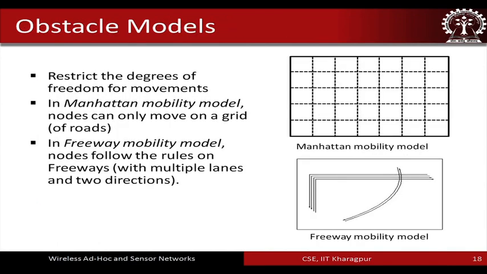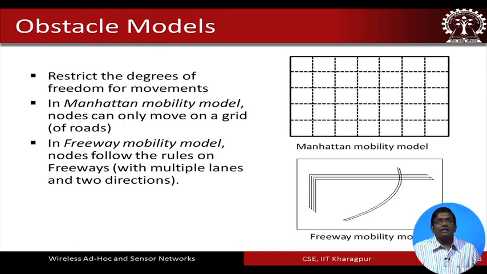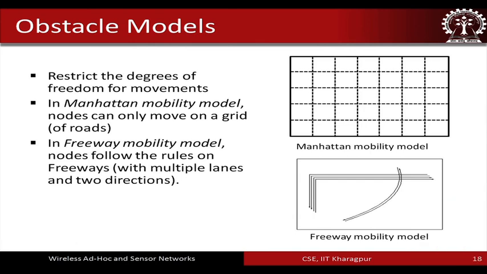Then we have the obstacle models, which, as the name suggests, assume that the degree of freedom of the movement of the nodes is restricted by obstacles. These are the two examples shown in the figure in front of you. The first one on the top is the Manhattan mobility model, which looks like moving on a grid of roads.